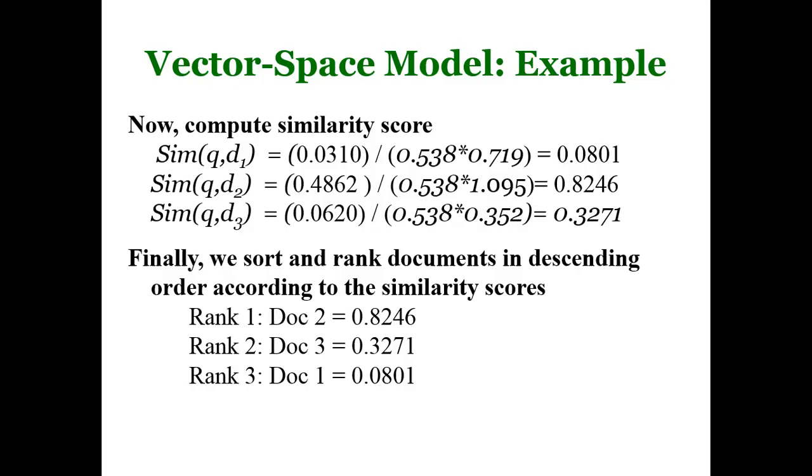Now you will get for similarity Q and D2 0.8246, similarity of Q with D3 0.3271.